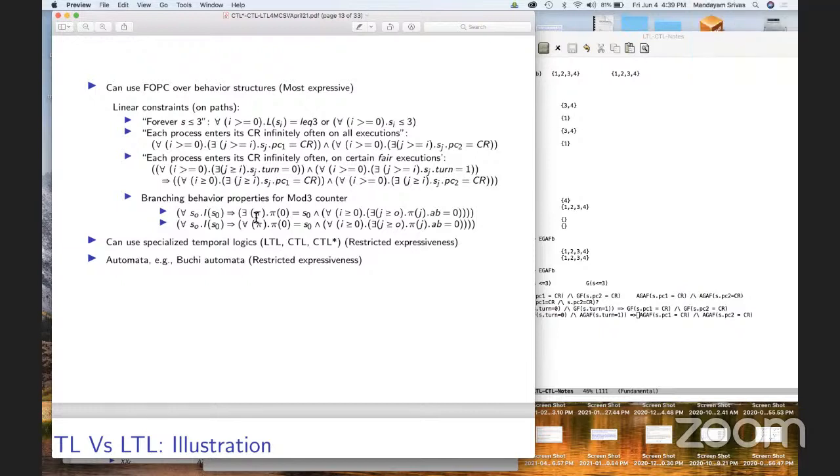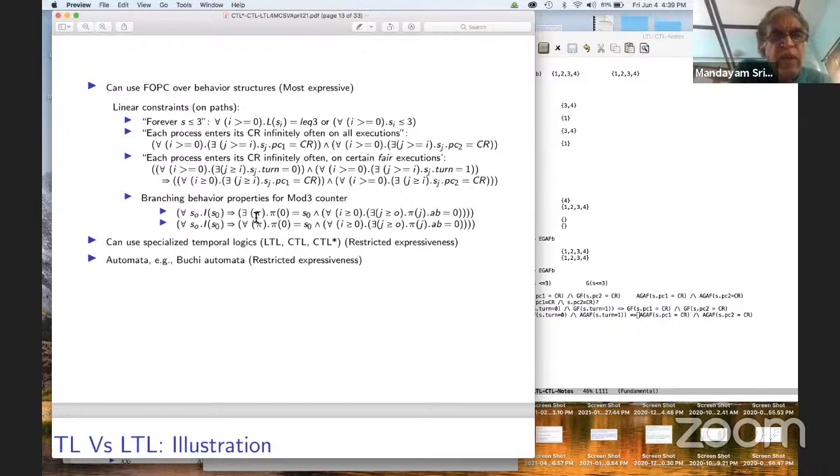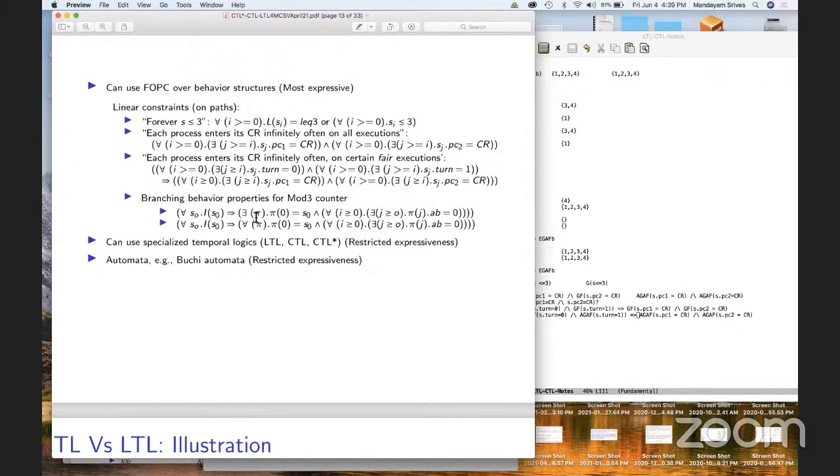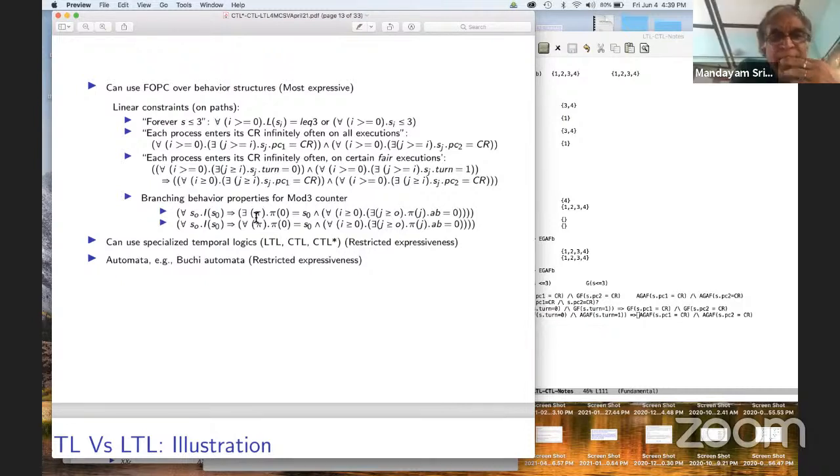But here, for every state, there exists initialized, and what I'm saying is, eventually, in every path, AB will be 0. But this itself is like an F-like property, no? So that is not that difficult.